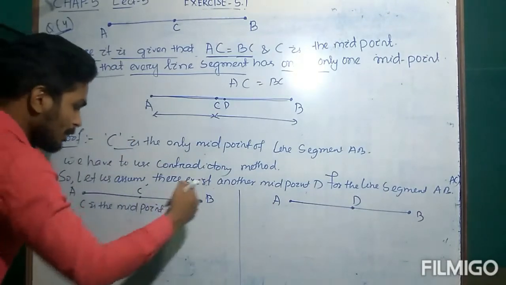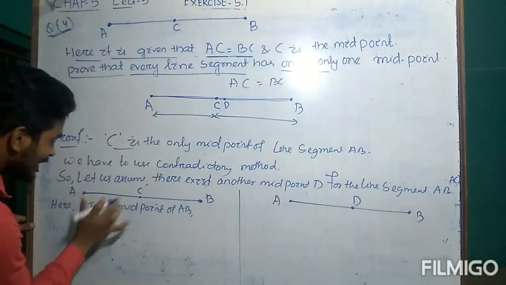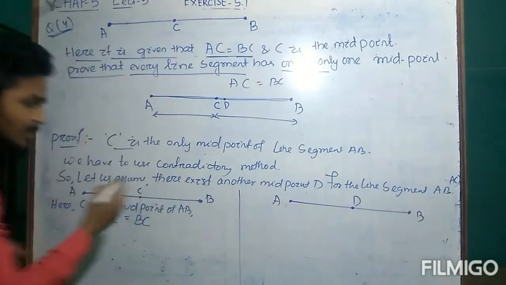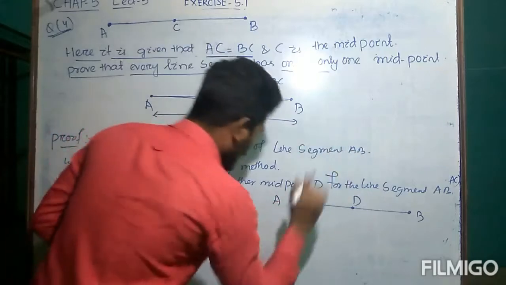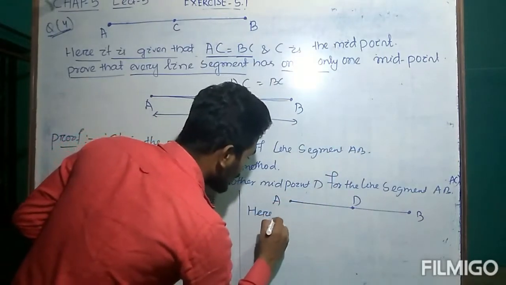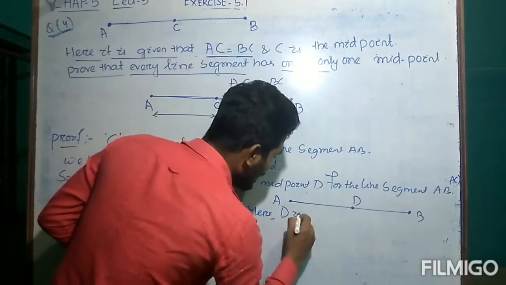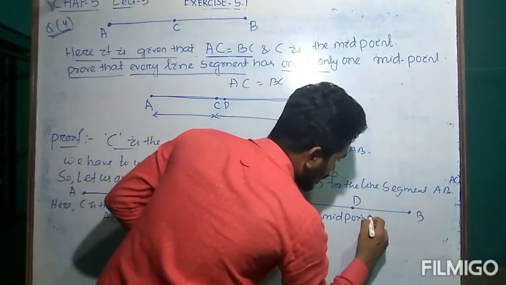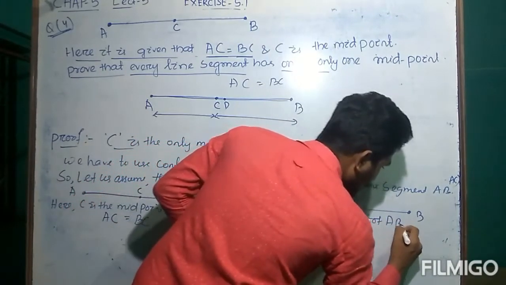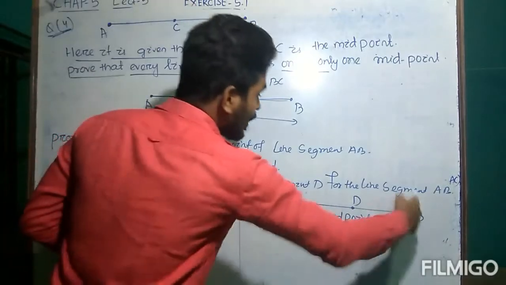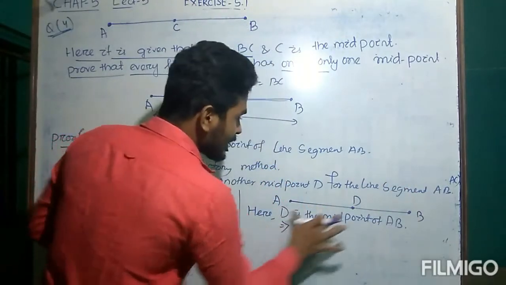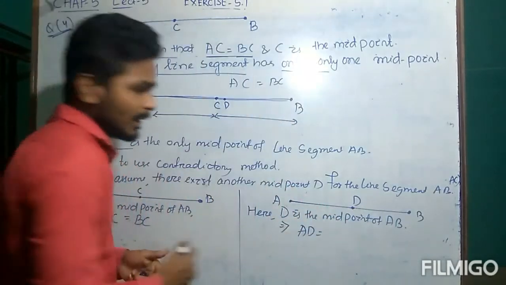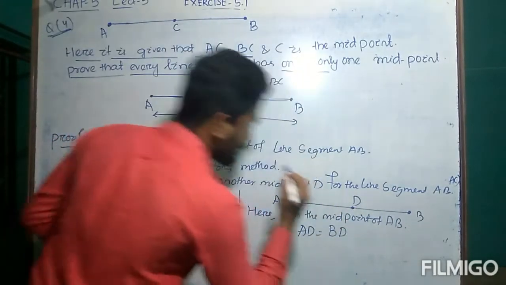C is the midpoint of AB means AC is equal to BC. Similarly, we have assumed D is the midpoint of AB. Since D is the midpoint of AB, it means AD is equal to BD.